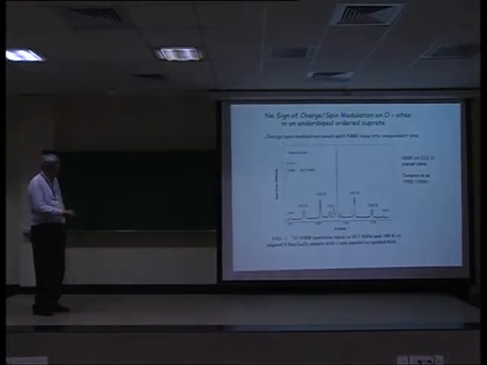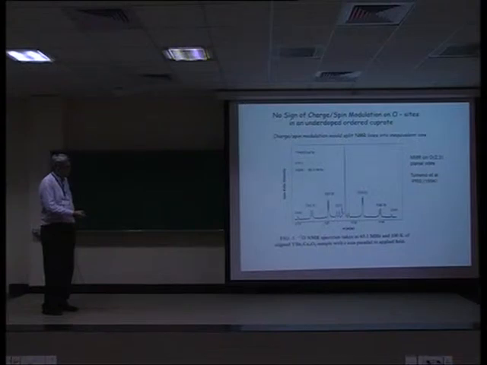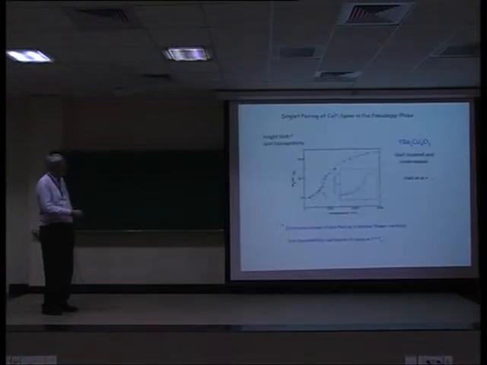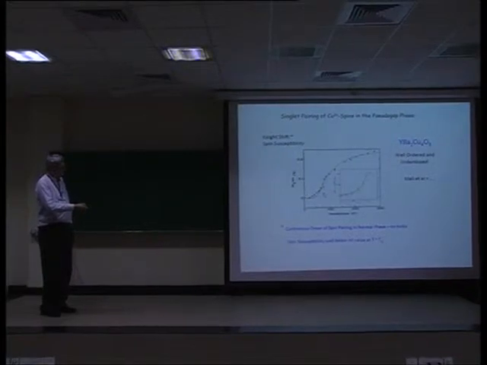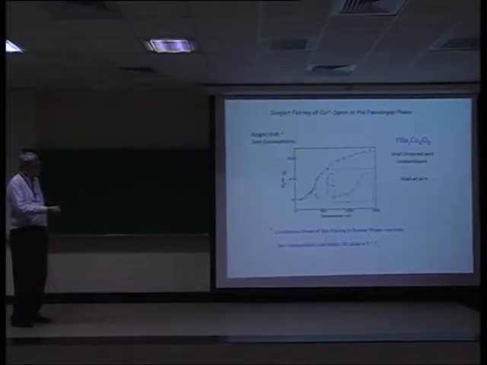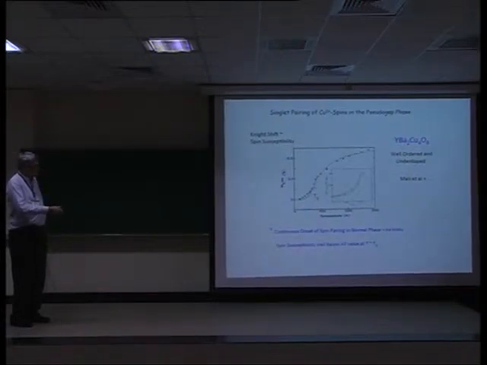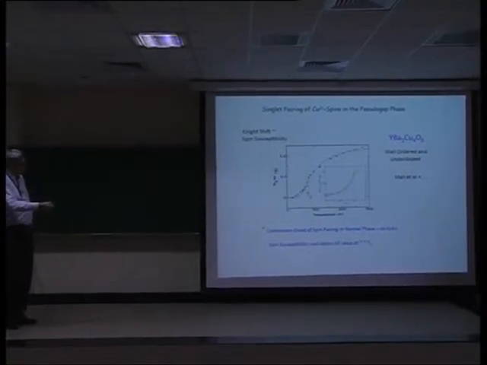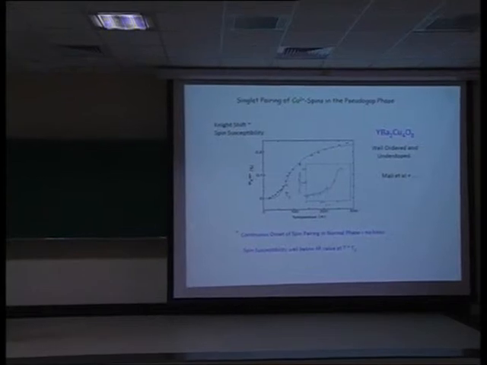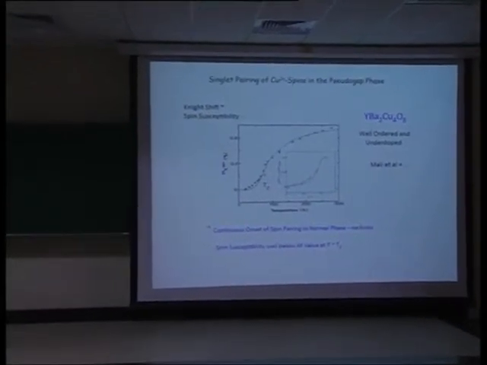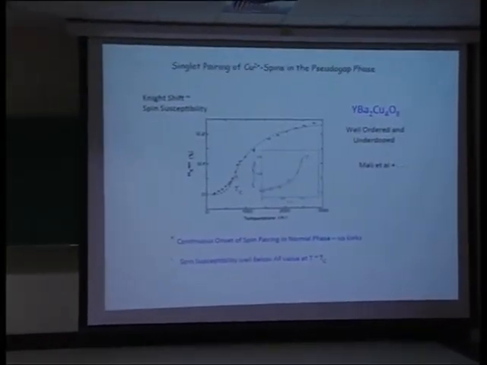Now, the anomalous properties were first seen in the Knight shift on this material and related underdoped materials, and this Knight shift is very interesting because it starts to drop already at room temperature, quite in contrast to, say, 123 oxygen 7, where you have a Pauli-like susceptibility till the onset of the superconductivity.